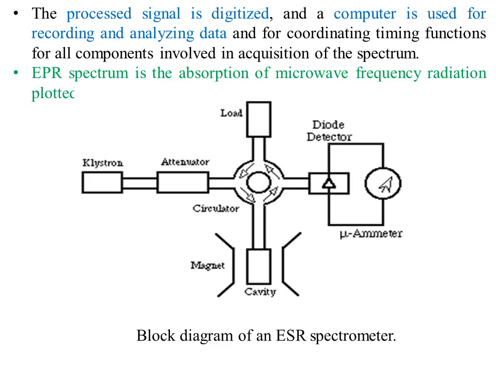You can see around the cavity there is a magnetic field, and this magnetic field is an electromagnet, and this electromagnet is provided with a supply.